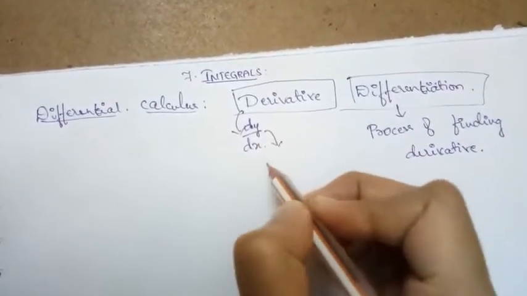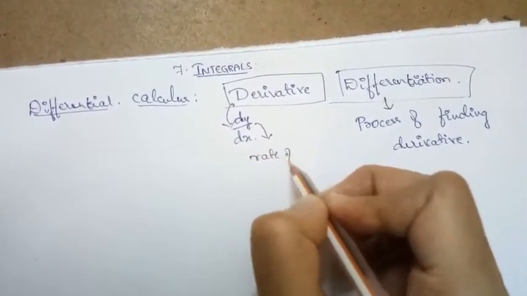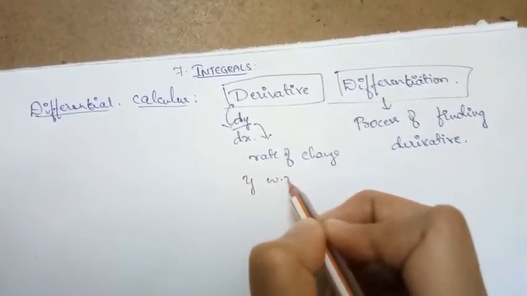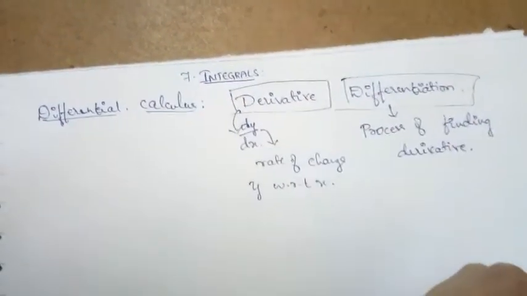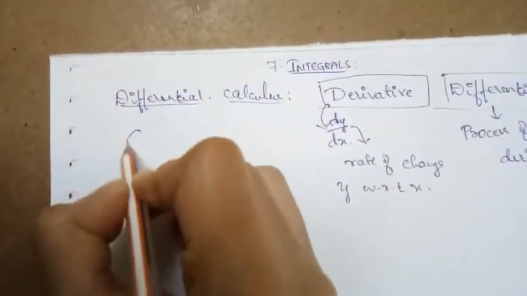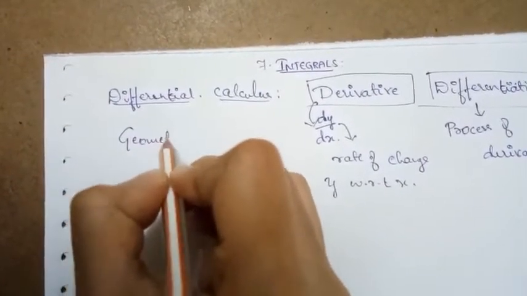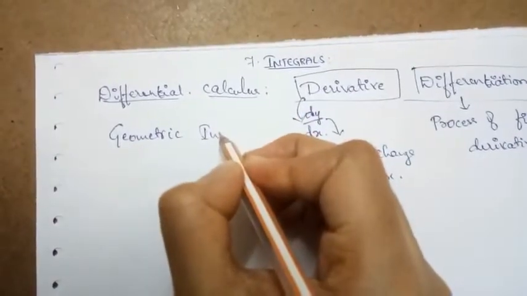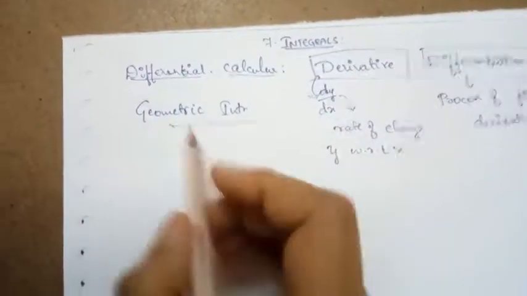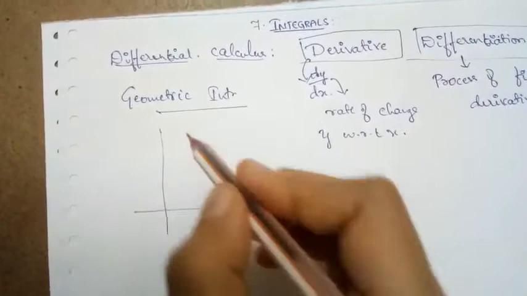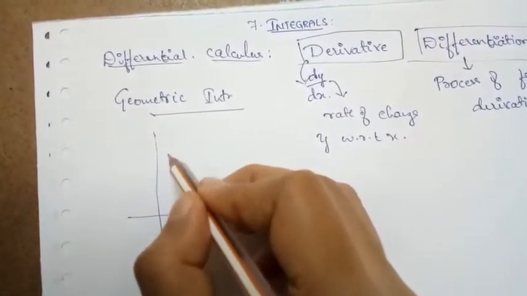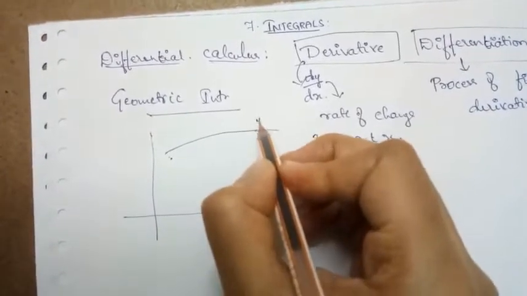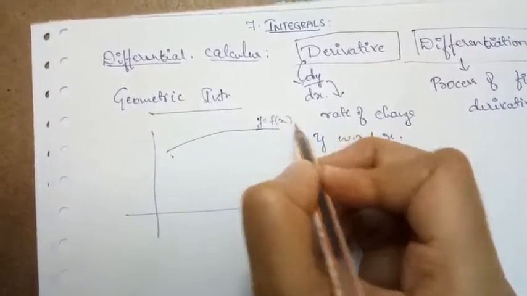It is nothing but a rate of change of y with respect to x. So this is a derivative. Now, if I talk about the geometrical interpretation of a differentiation or a derivative, suppose I consider any curve, y is equal to f of x.